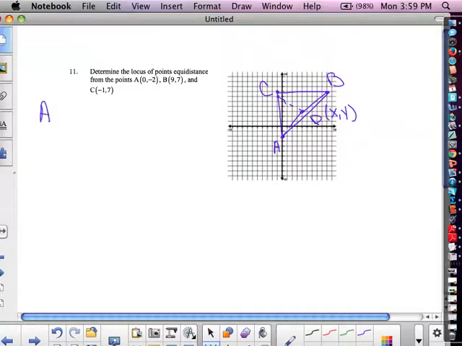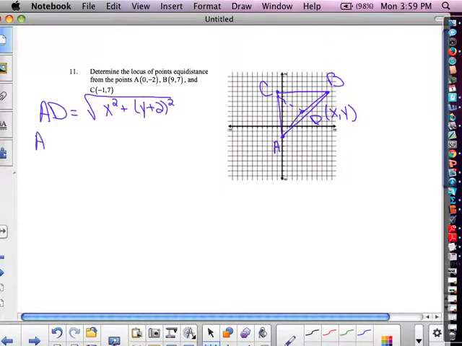So remember, I have the length AD is the square root from that center xy to A. So that's going to give me x squared plus y plus 2 squared.